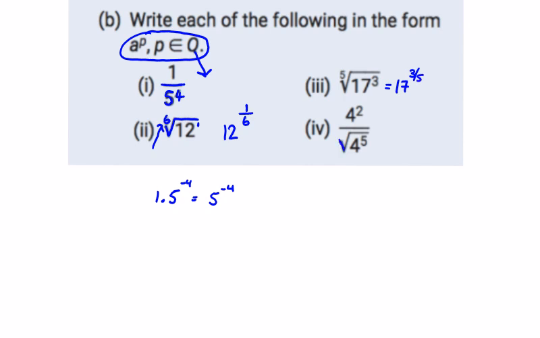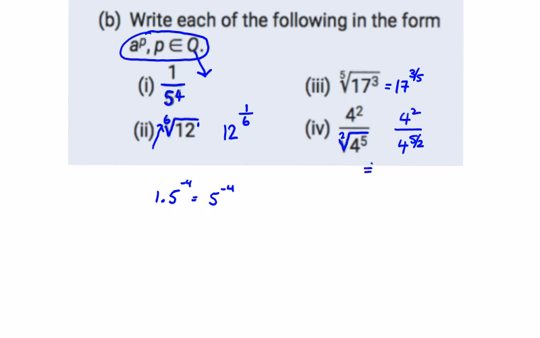And this one here, we just have to simplify a bit first. On the bottom, there's a 2 in here that the calculator sees that we don't need. So the bottom is 4 to the power of 5 over 2. The top is 4 to the power of 2.